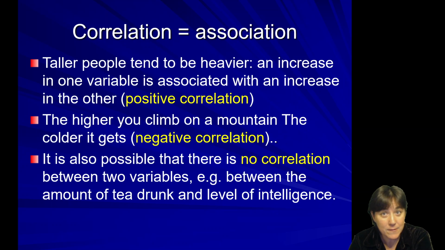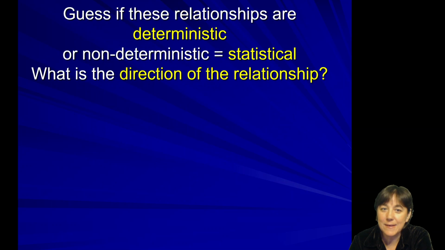It is also possible, and let's not rule out this possibility whenever we do these kinds of association analysis, that sometimes there's simply no correlation. A good example might be, you drank an amount of tea, but the level of intelligence has nothing to do with it.